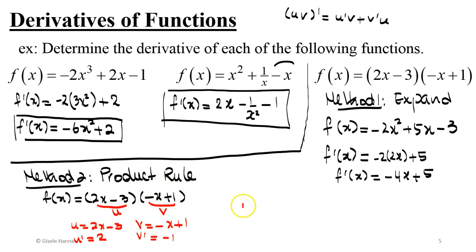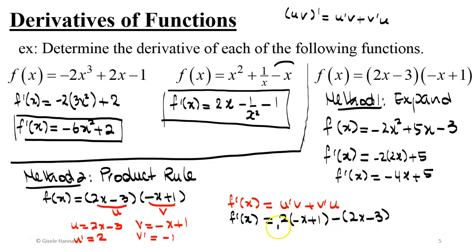Now going back to the product rule, f prime of x, the derivative of u times v, is u prime v plus v prime u. So replacing u, v, u prime and v prime by their expressions, that would give me u prime, which is 2, into negative x plus 1, and v prime, which is negative 1, into 2x minus 3.